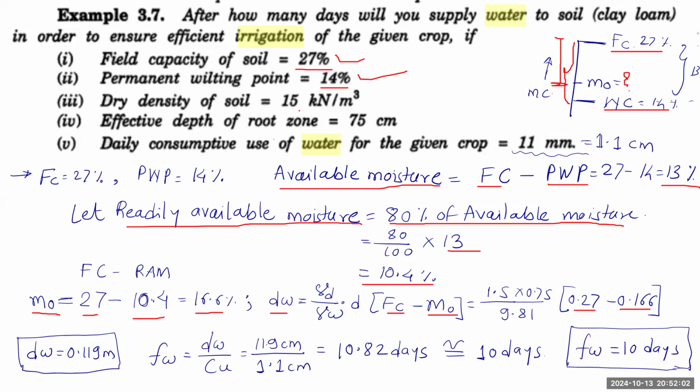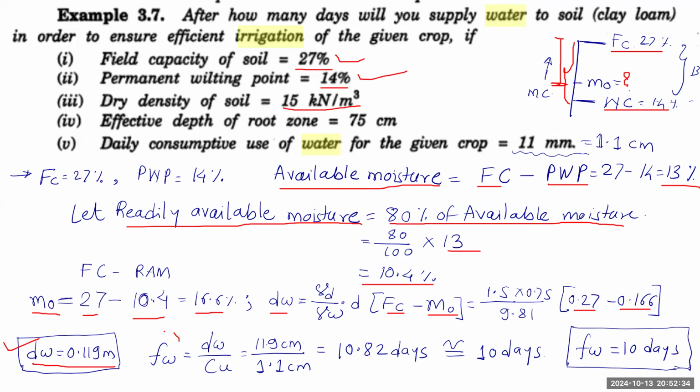Then here the dry density of soil is given as 15 kilonewton per meter cube, so here gamma D upon gamma W. If we put all these values, then we get the value of dW as 119 millimeters, or 11.9 centimeters, or 0.119 meters. So by calculation, we get this as dW.